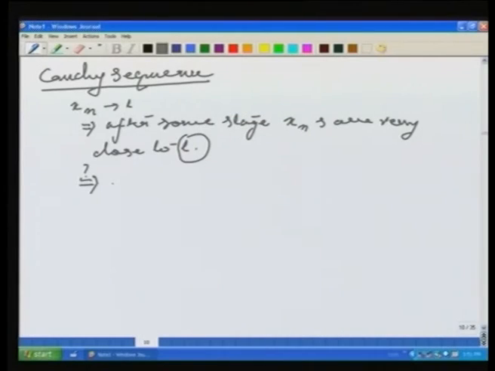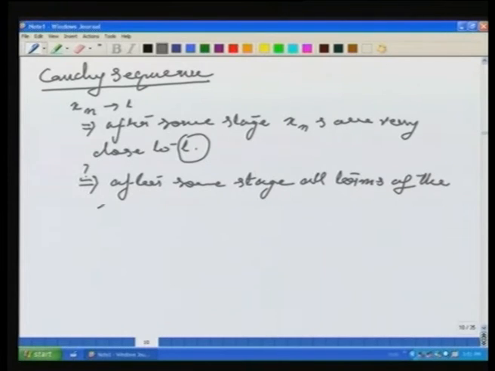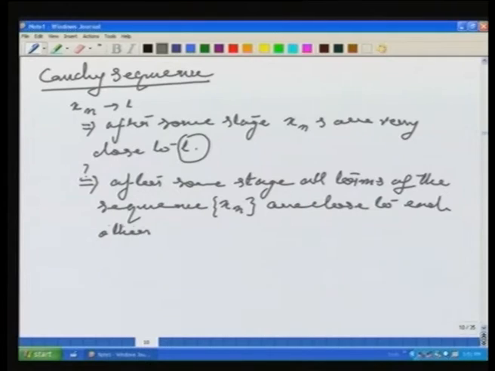So, is it the same as saying that after some stage all terms of the sequence x n are close to each other? We want to see whether it is true or false.